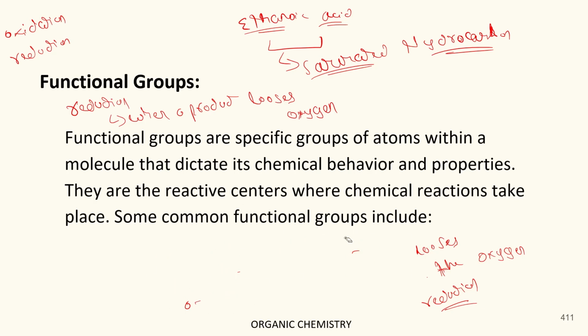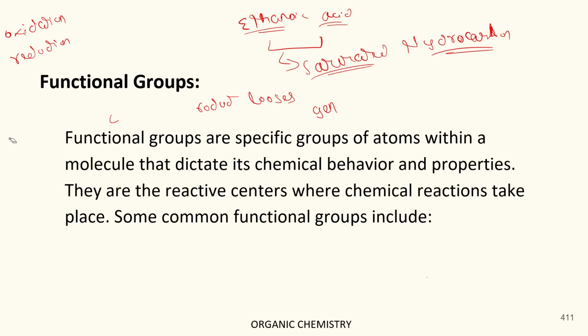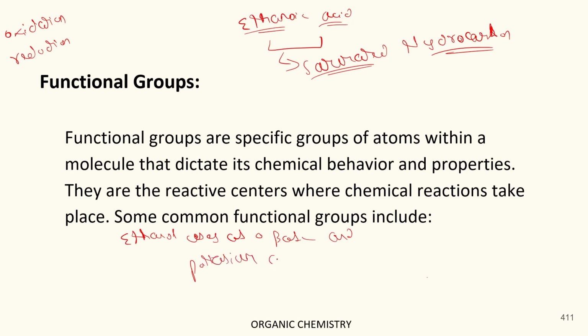So basically, ethanoic acid is related to the oxidation part of saturated hydrocarbon. In this scenario, I told you that ethanol is used as a base, and thereafter potassium dichromate is used along with sulfuric acid.